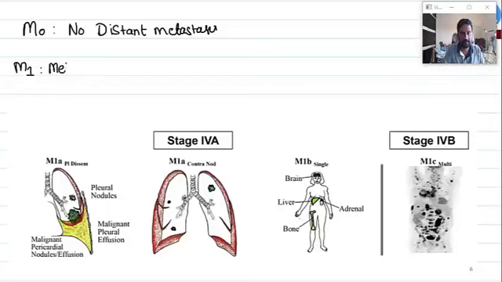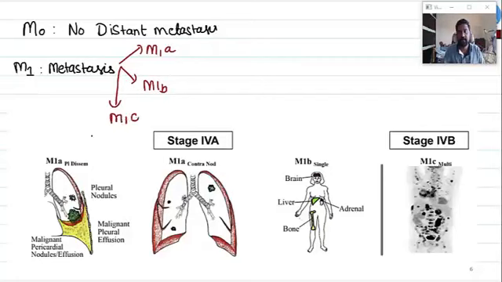M1 indicates there is some metastasis. This can be further classified into M1A, M1B and M1C.